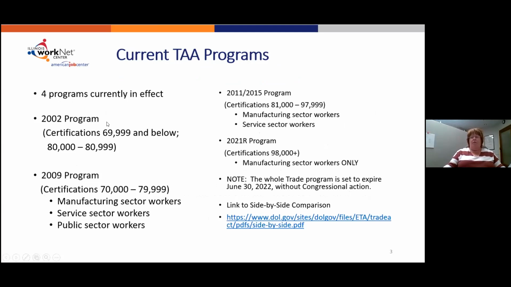Currently, there are 4 programs in effect under the trade program. One of the handouts, the side-by-side comparison attachment that we have provided for you, we got that from DOL just a couple of days ago. It's a very good handout that walks you through the group eligibility, what type of workers are eligible for each of the various programs.